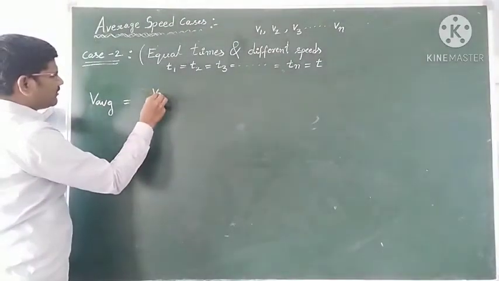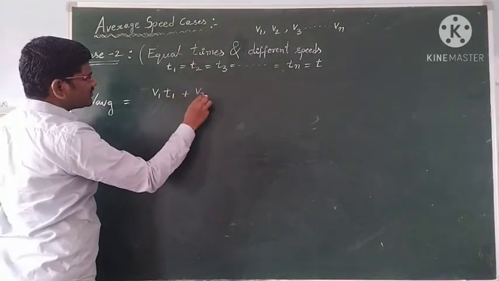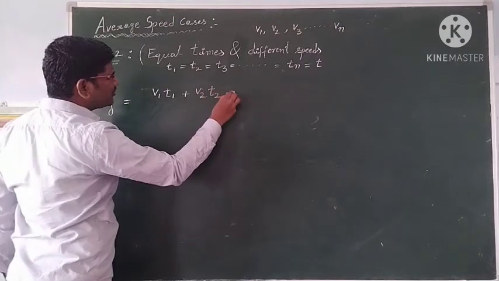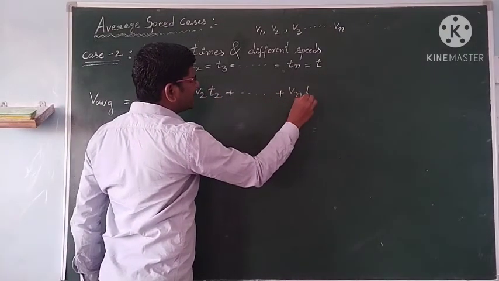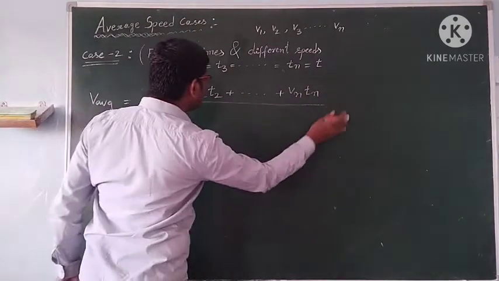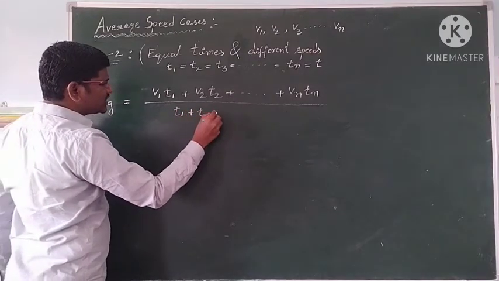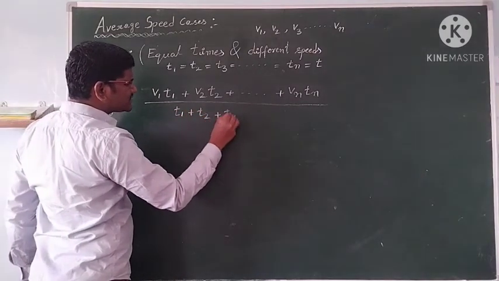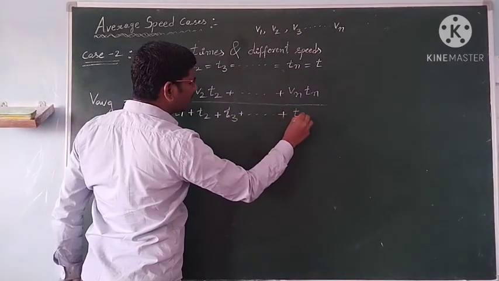So what is the formula? V1 into T1 plus V2 into T2 plus so on plus Vn into Tn by what do we have in the denominator? T1 plus T2 plus T3 plus so on Tn.